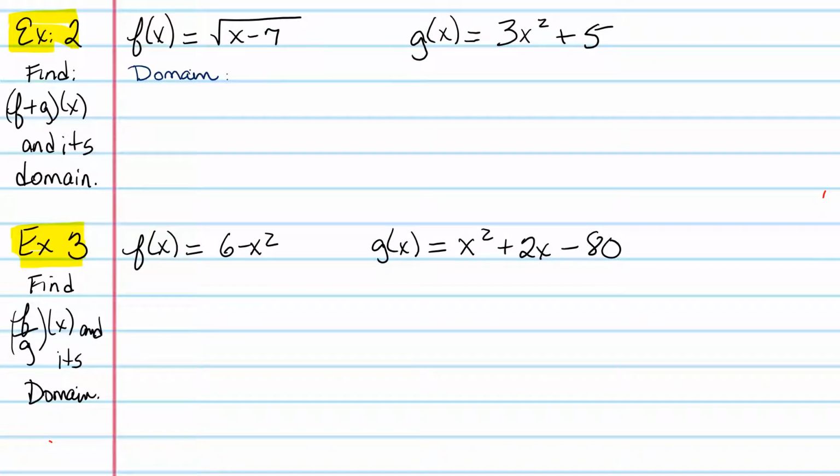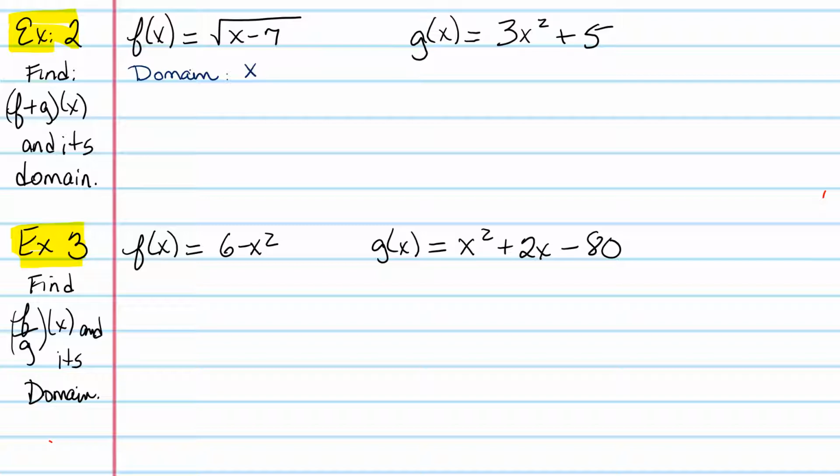Okay, here we go. We're going to do example 2 and 3, and we are going to add these two functions f and g in example 2 and determine its domain. The first one, f, it has a domain issue. We have the square root of x minus 7, and we need to determine the domain of that function before we begin.